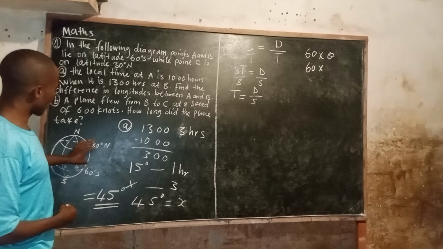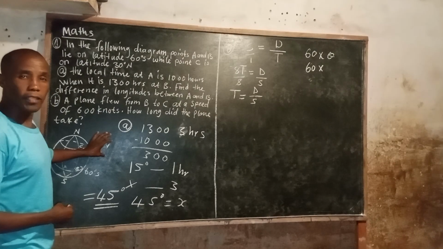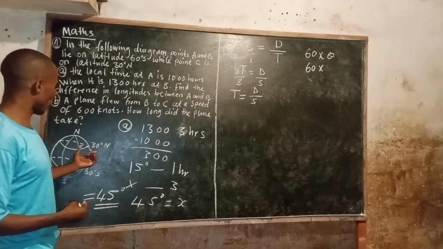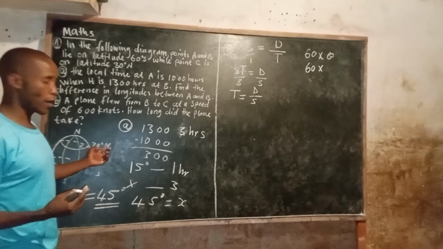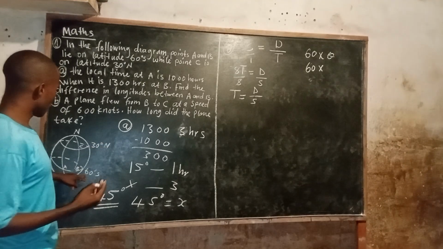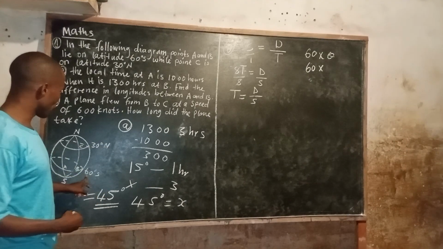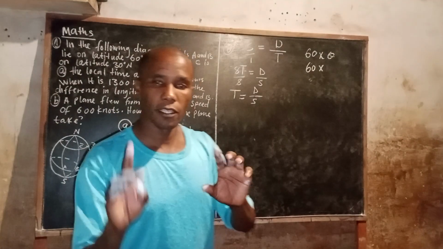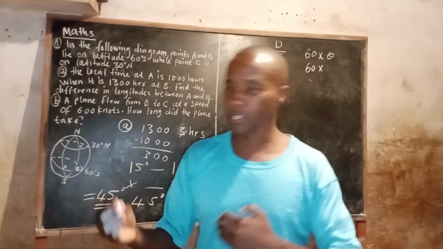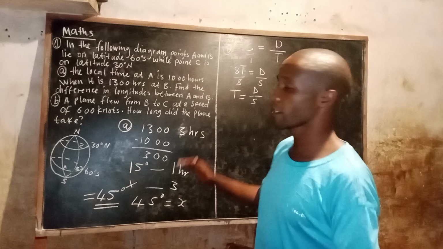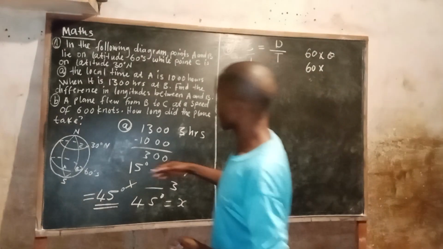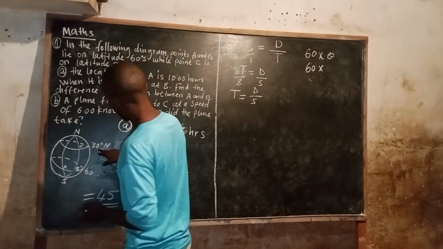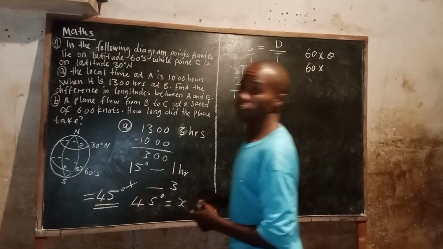What we are going to do, we look at the position at which the degree is lying. So this one is on the northern part of the hemisphere. Then this one, southern part of the hemisphere. So what are we going to do? Since they are lying on different sides, different directions, we need to add them for us to find the theta. So we are going to say 30 plus 60.